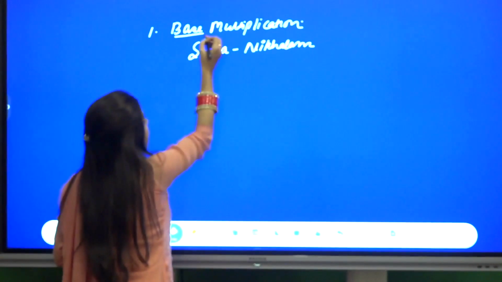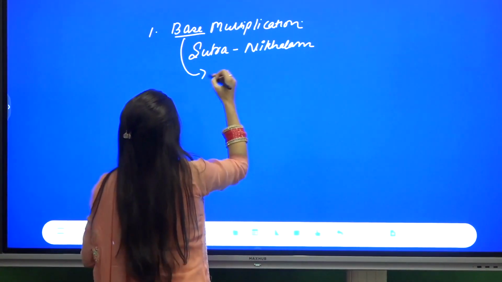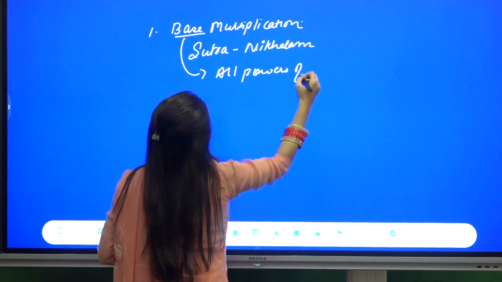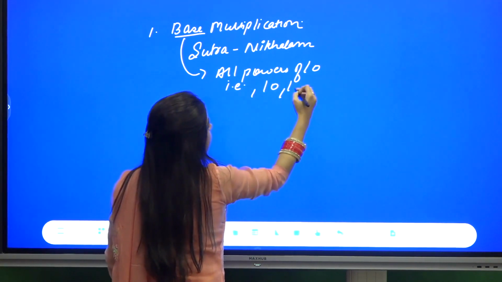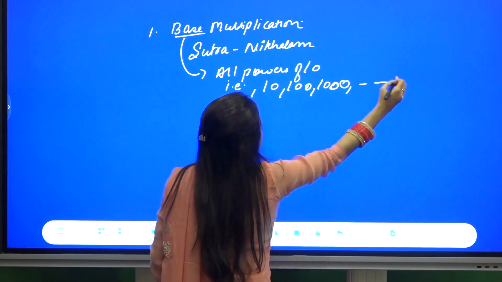Here the base is all powers of 10, that is 10, 100, 1000 and so on.